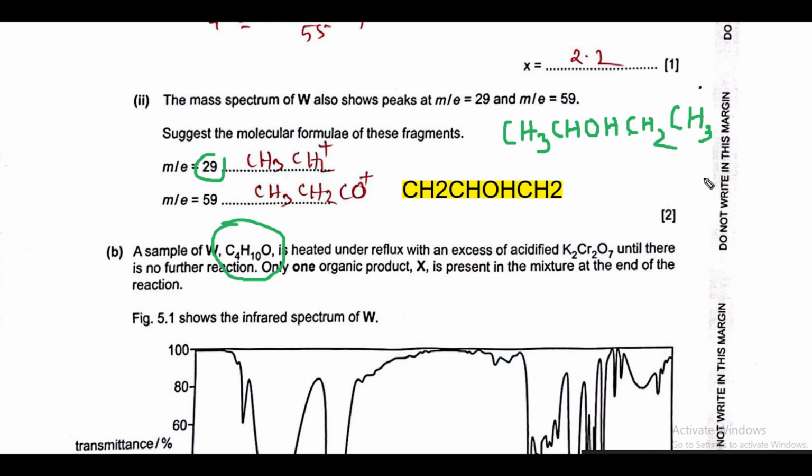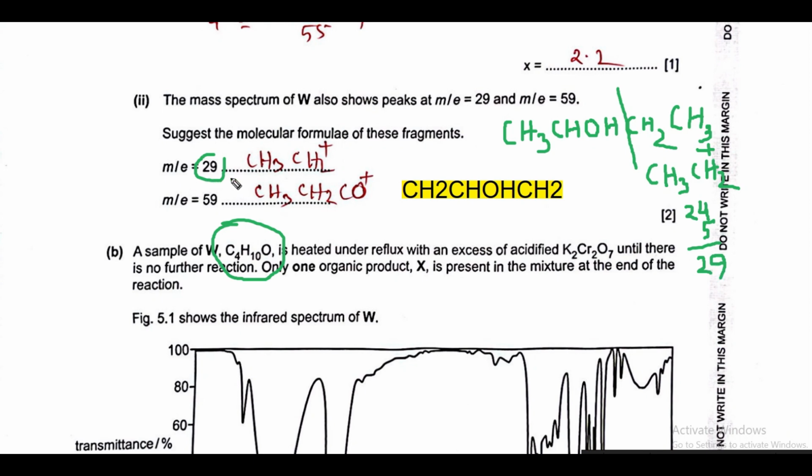So if it breaks down here, CH3 CH2 plus, so here 2 carbons, 24, plus 5 hydrogens, its m/e value will be 29.